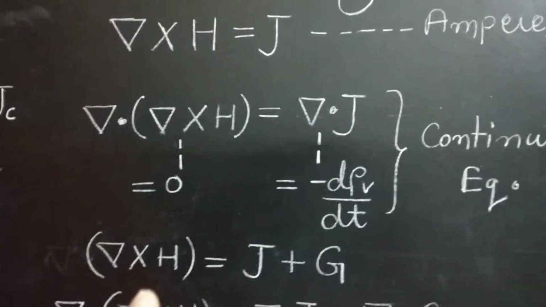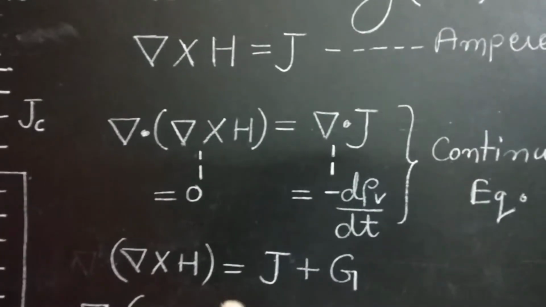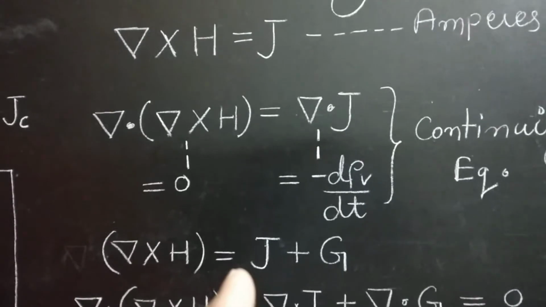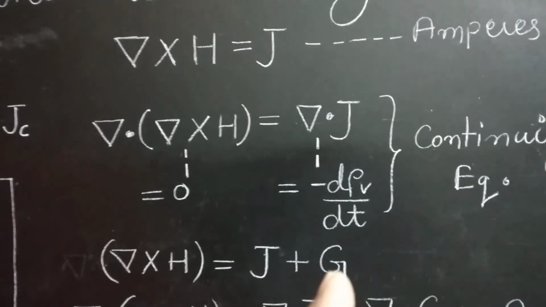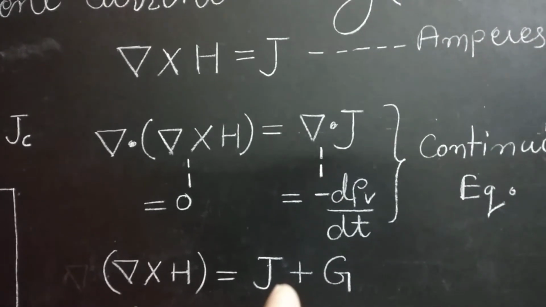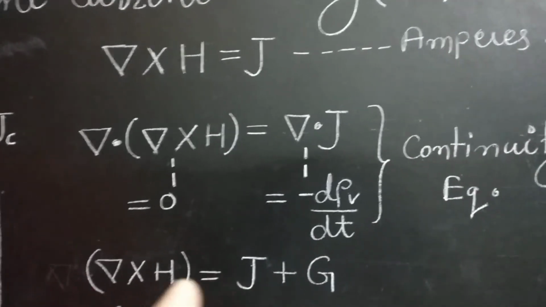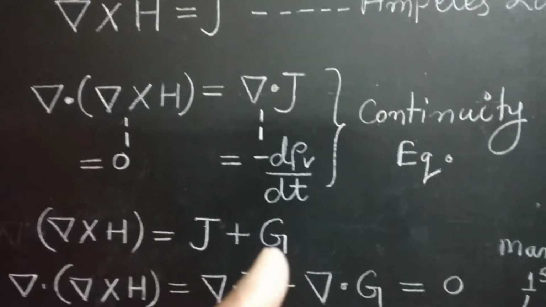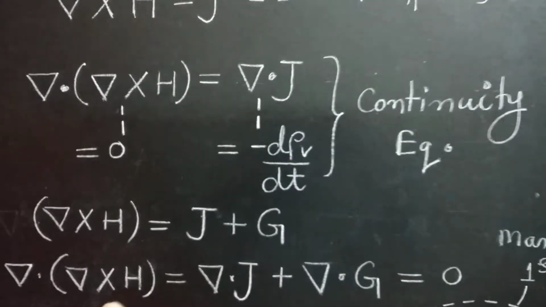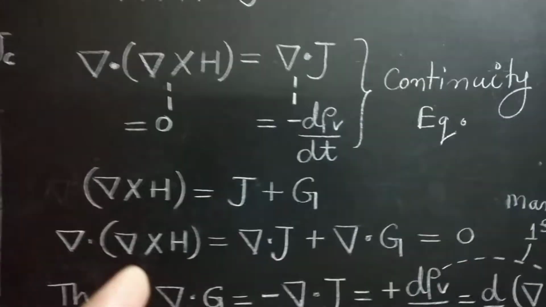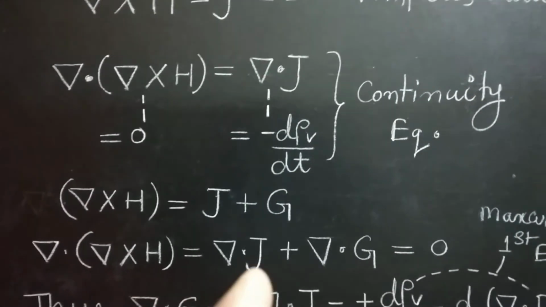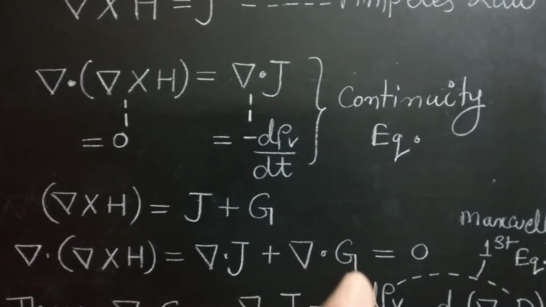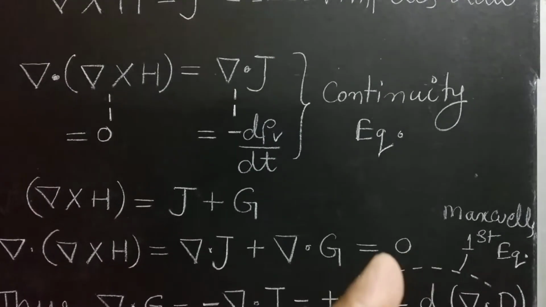which means for a time varying field this del cross H must have one more component similar to the conduction current density. Thus we can write del cross H equal to J plus G, which is a new quantity to be defined. Now if we take the divergence of del cross H, we get divergence of J plus divergence of G. This must be equal to 0.